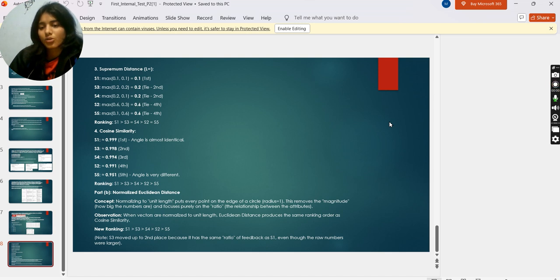Observation: when vectors are normalized to unit length, Euclidean distance produces the same ranking order as cosine similarity. The new ranking will be S1 greater than S3 greater than S4 greater than S2 greater than S5. Note: S3 moved up to second place because it has the same ratio of feedback as S1, even though the raw numbers were larger. So this is all for part 2.